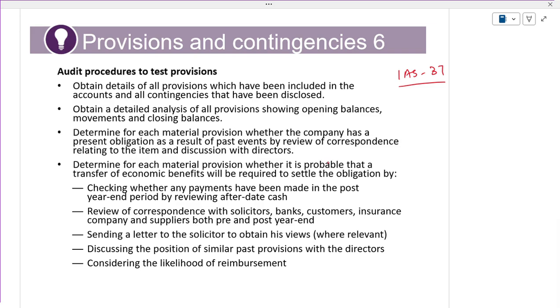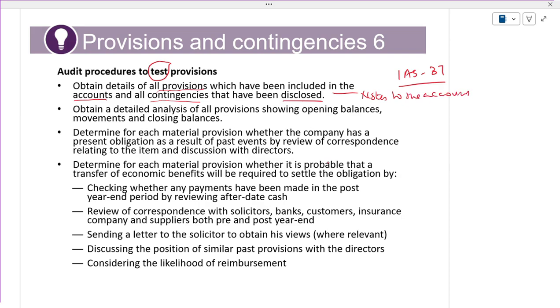If we have to test the provisions, obtain details of all provisions they have made and included in the accounts, and whether any contingencies, contingent liabilities, contingent assets have been disclosed properly in the notes to the accounts.